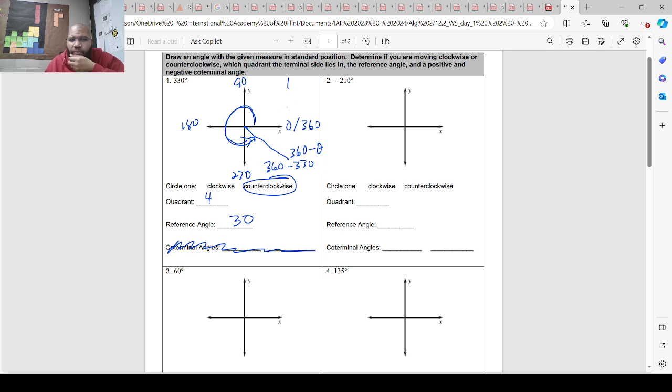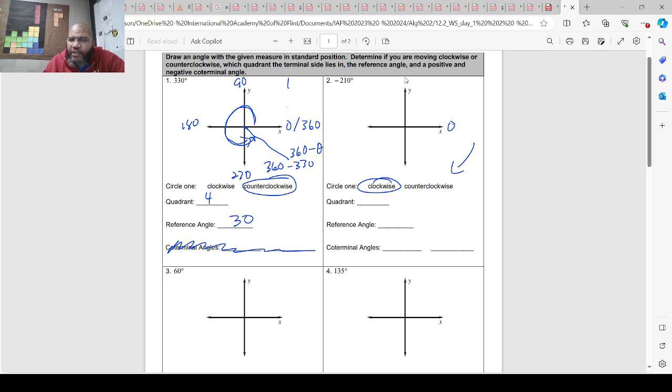So now I'm going to do negative 210. Remember. Okay, so negative goes in this direction. Which direction is that? It's clockwise. Next, I'm going to plug in my little line for my angle. So I've got this is 0.